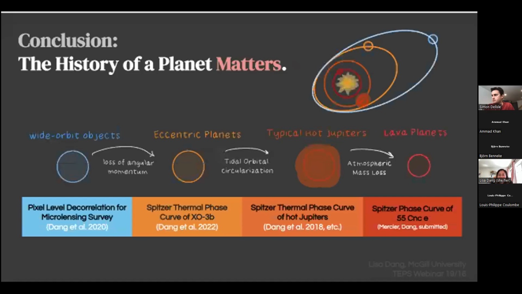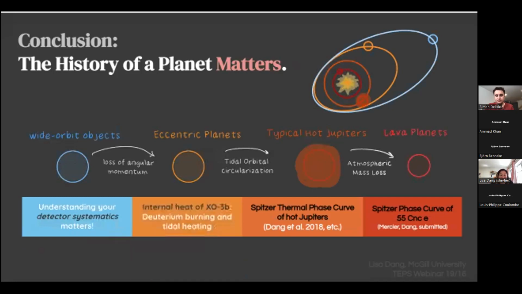So I'd like to conclude with two thoughts here. First, understanding your detector systematics is very important, and we've seen it over and over again through all of these works, but it was particularly a focus of Dang et al. 2020, where we looked into microlensing light curves. But secondly, the most important thing that I wanted to end up with is that the history of a planet matters. And we've seen some examples here.